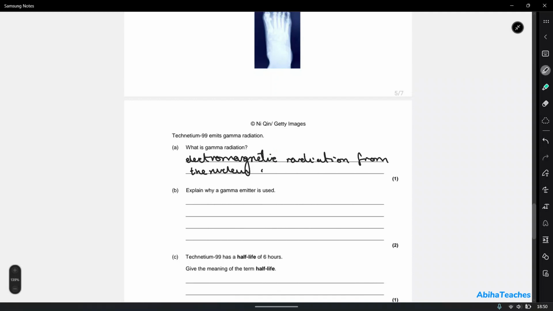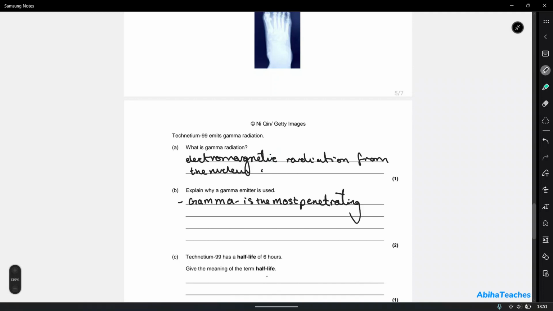Well, we should know that gamma is the most penetrating. This means that it is able to pass through your body without causing much harm, or even little to no harm, whereas alpha radiation is the least penetrating. So it will most likely go into your body and cause harm.